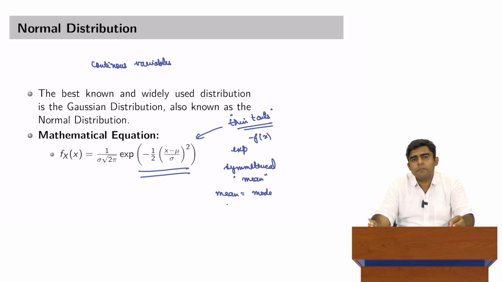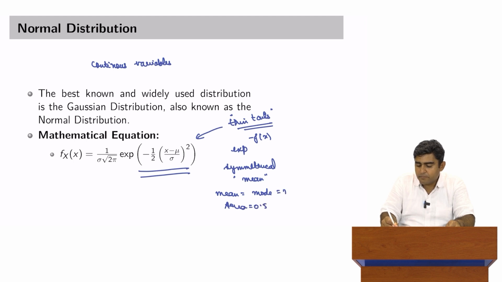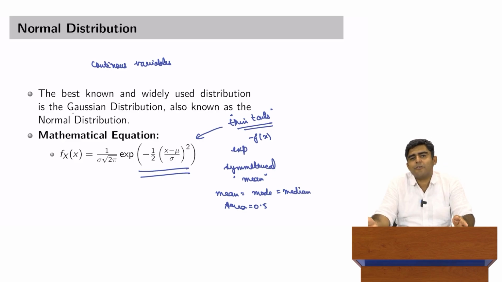And by virtue of symmetry, the area at the half point of this curve is also equal to 0.5. That means mean, mode and median for normal distribution are all the same. Hence, for the sake of conciseness, whenever we are talking about the mean, we are implicitly talking about mode and median without mentioning it explicitly whenever we are dealing with normal distribution.